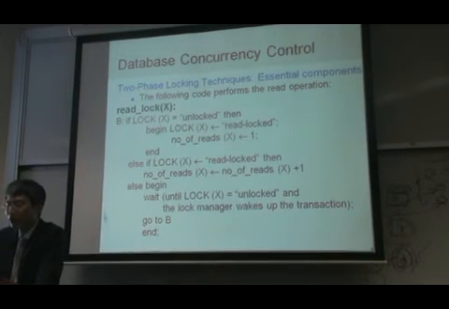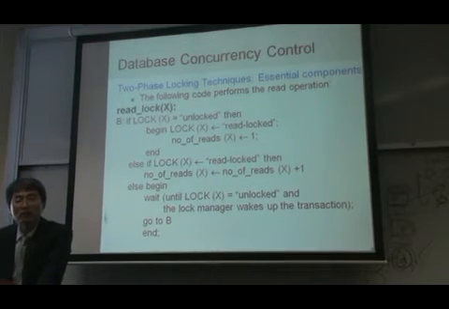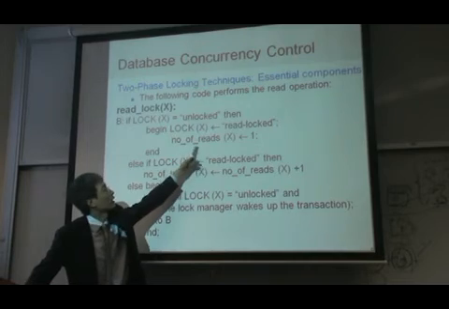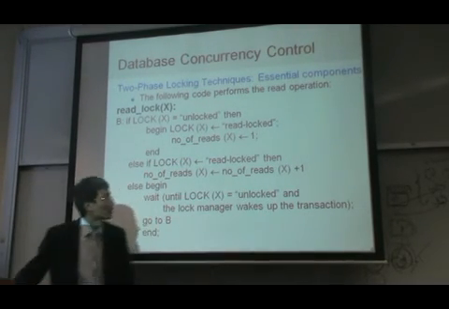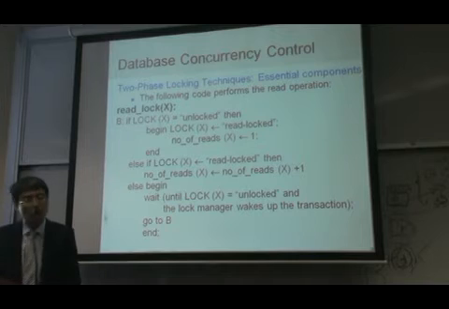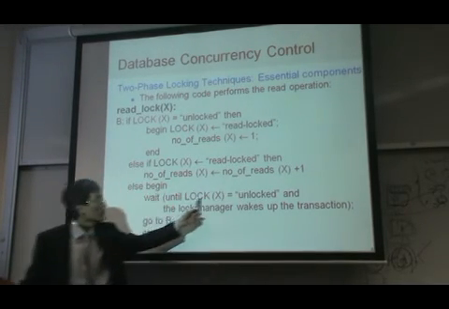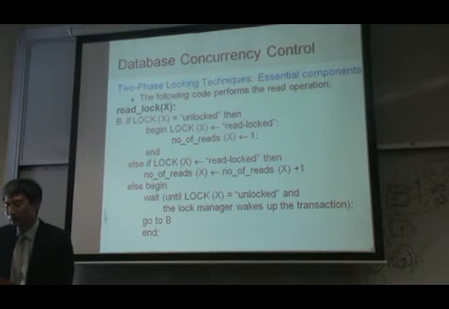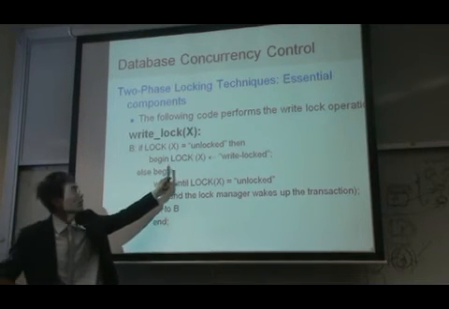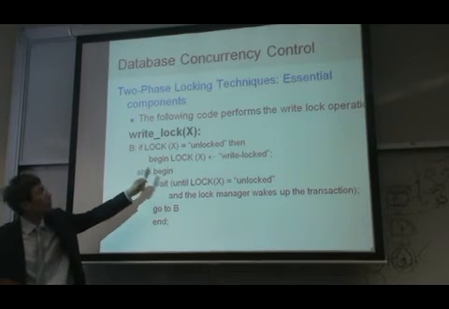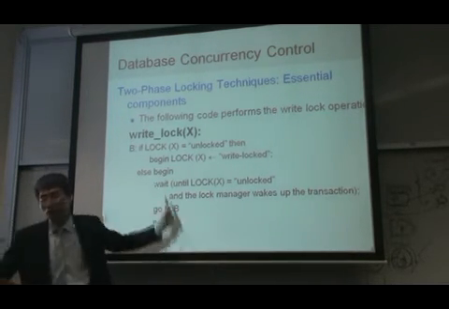For read lock, you need to manage how many users are accessing the data at the same time. That is the number of reads on data item X, which increases by 1. If the number of reads is 0, it is unlocked. For write lock, only one user can access the data, so you don't have to manage the number of reads. Instead, just assign the write lock, and otherwise it's unlocked.